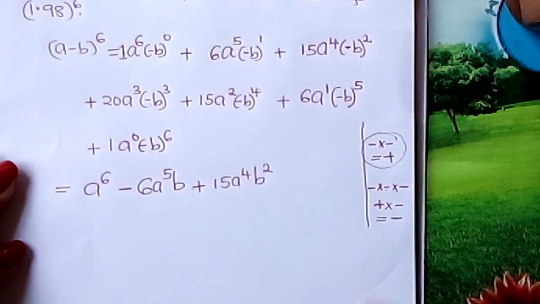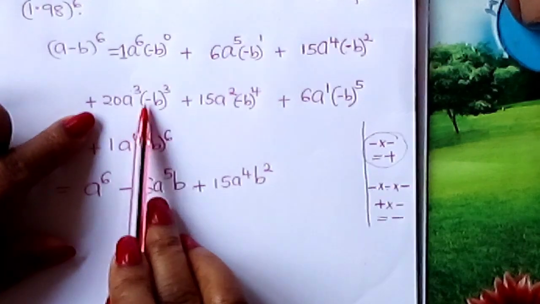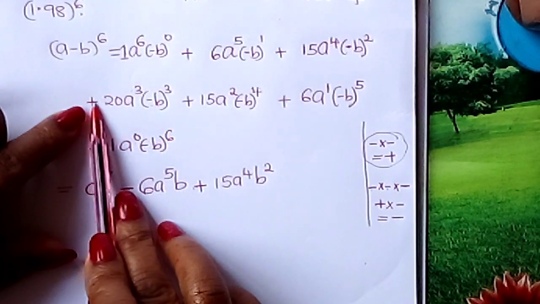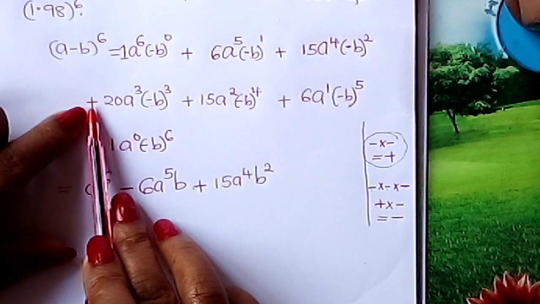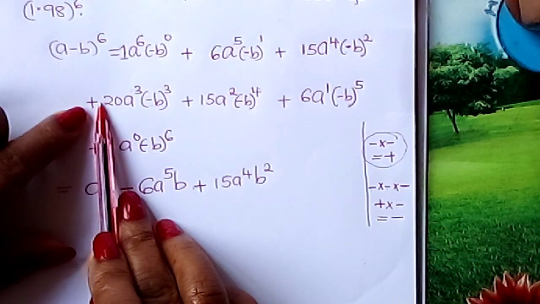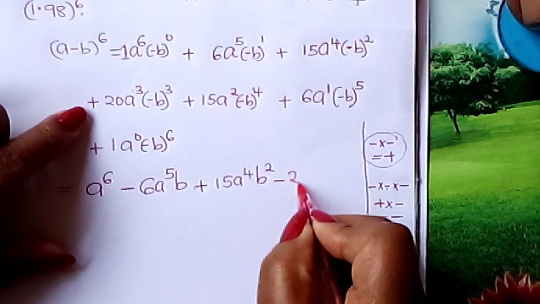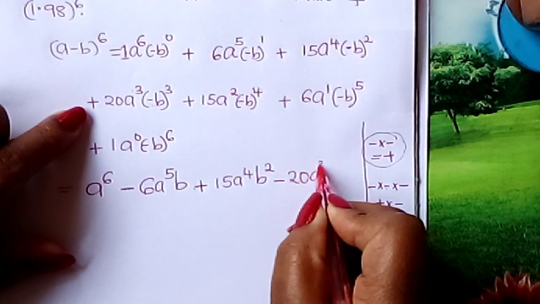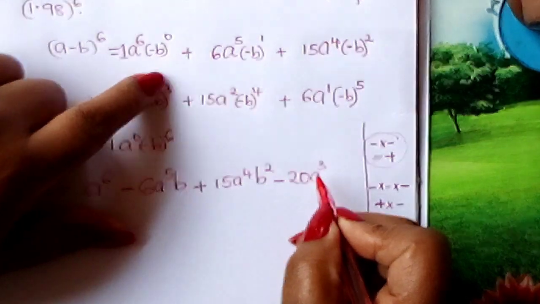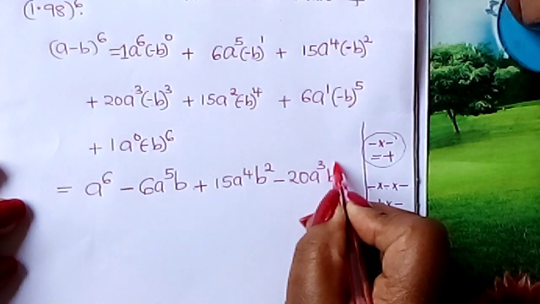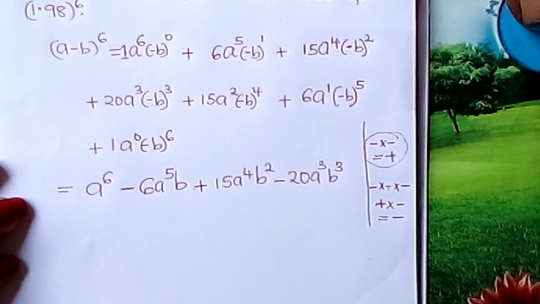And therefore, this fourth term will take a negative sign. In other words, positive followed by that minus will give you minus. And therefore, the fourth term is minus 20, a raised to 3, b cubed. Remember to cube your b. There we are.